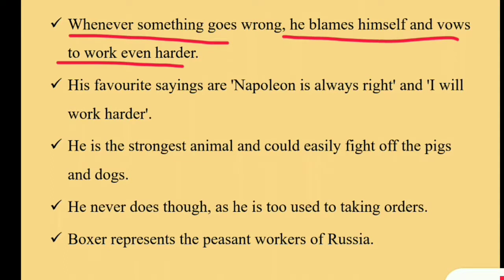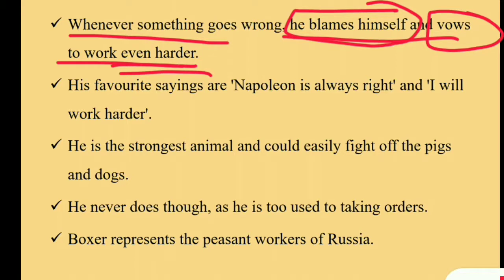Here, he represents a true sense of human being, because this is the main trait of human beings, right? To blame ourselves if we have done anything wrong. This is reflected by Boxer in the story and he promises to work even harder. Okay, this is another essential trait of human beings which is reflected by Boxer.